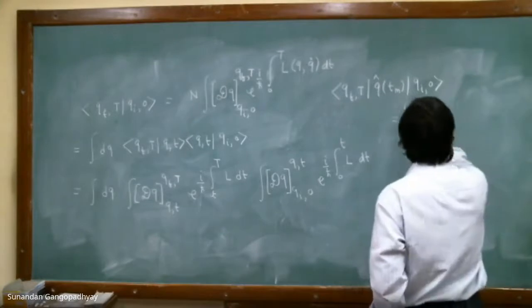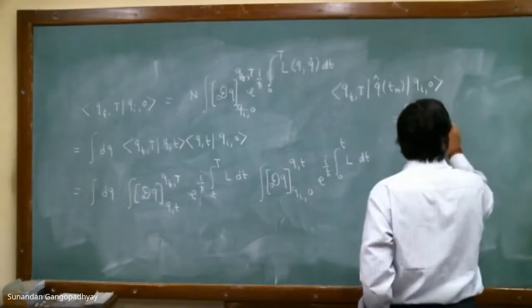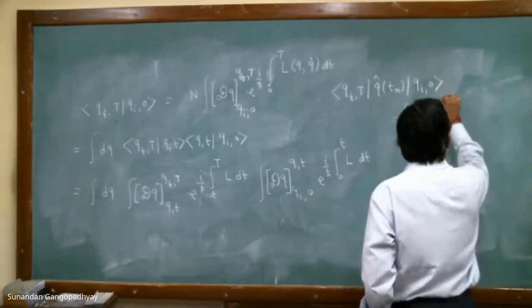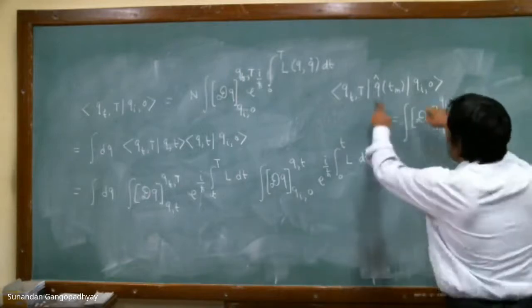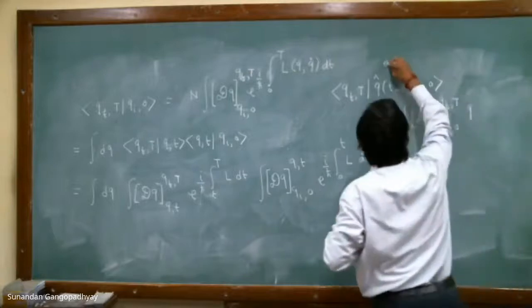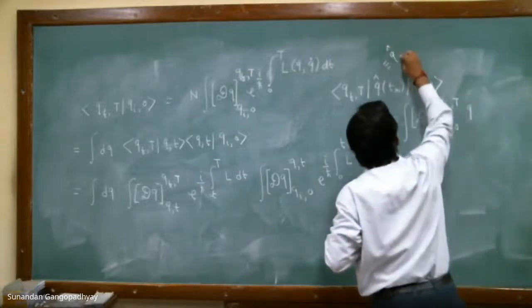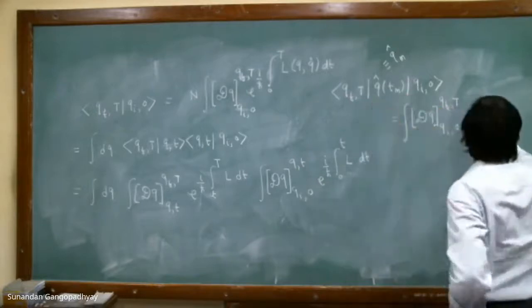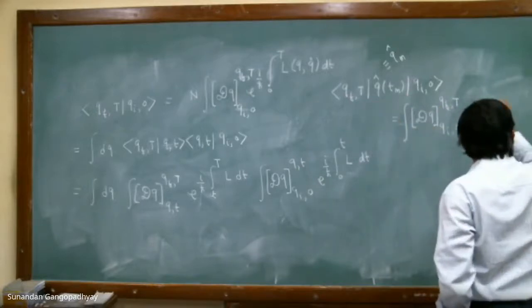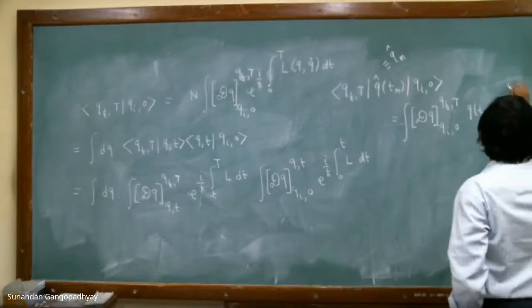You have dq. Once again, the boundary conditions are q_i at 0 to q_f at t. And then this operator that you have over here, you can use a short notation, q hat n. This operator becomes a function of q here, times e to the power of i by h bar integral of the action.